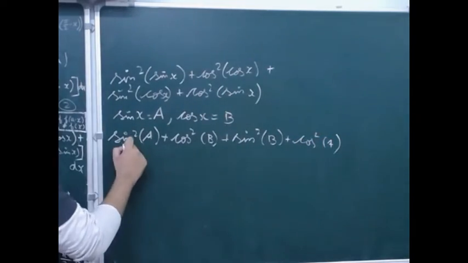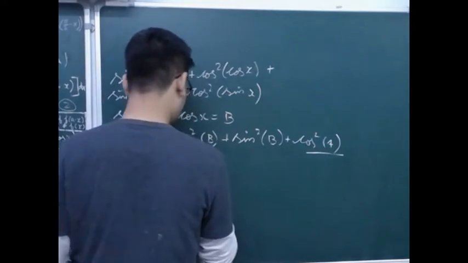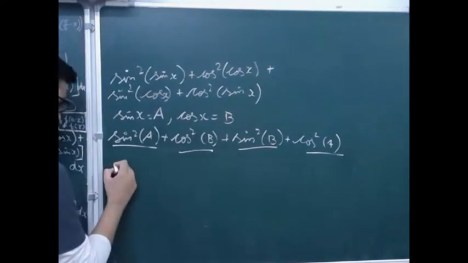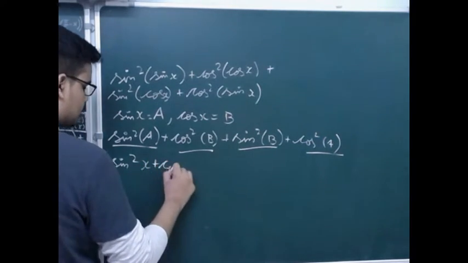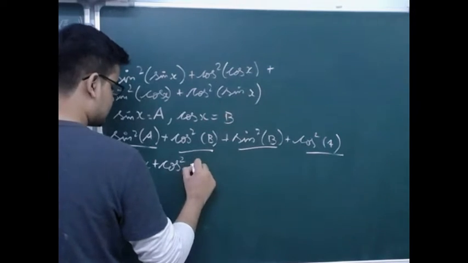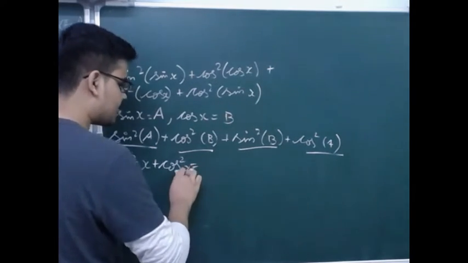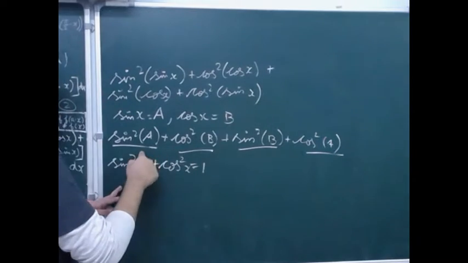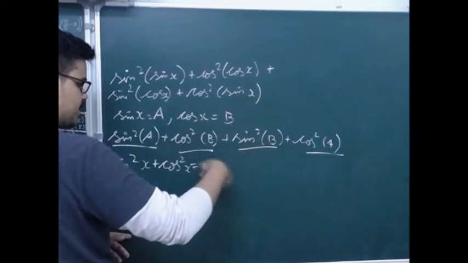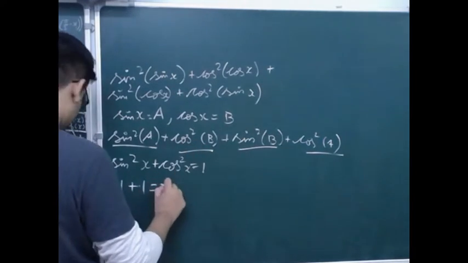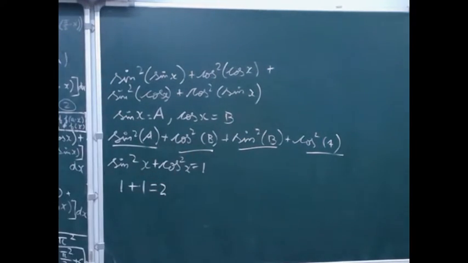If we group the like terms here, sin square a and cos square a, sin square b and cos square b, we apply the trigonometric identity sin square x plus cos square x is equal to 1. So sin square a plus cos square a is equal to 1.